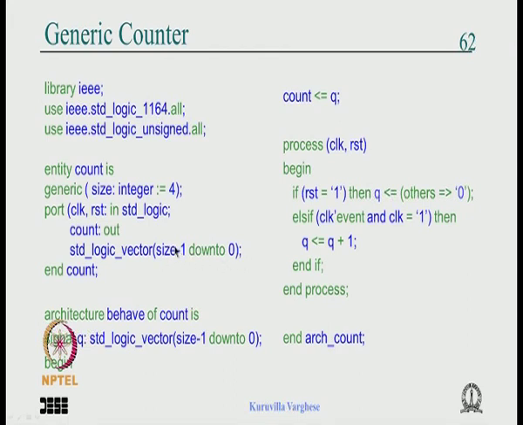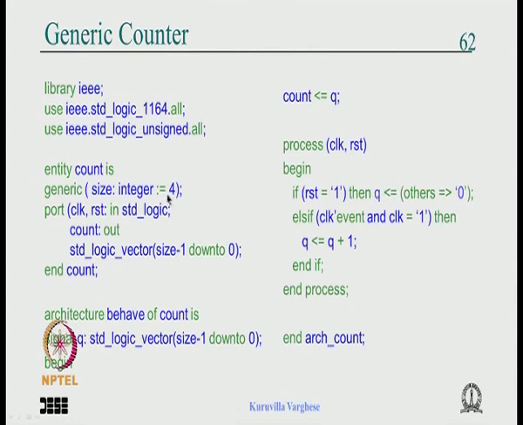If it is 8, then it is 8 minus 1 down to 0. If it is 16, then it is 15 down to 0 and so on. Now we define a constant, and generic is nothing but a constant. The keyword is generic, and we open the bracket and give the name for that particular generic, size, colon, its data type, and its default value.